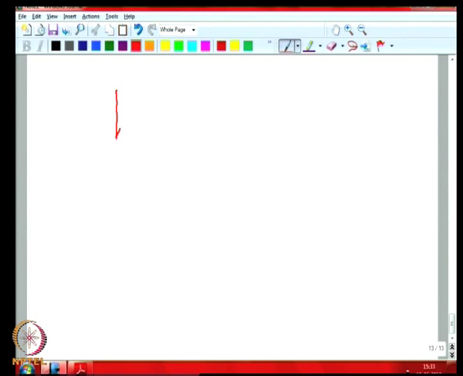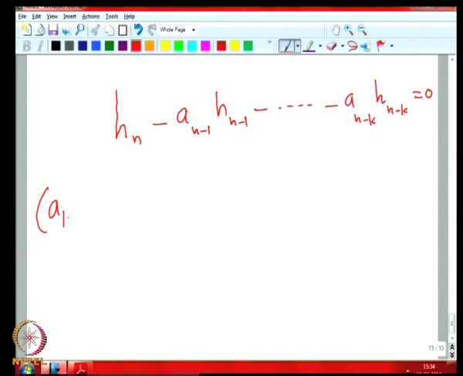We first rewrite that general recurrence relation like this. We brought all the terms from the right hand side to the left hand side. So, here the condition was ak not equal to 0, and what is written here will work only for n greater than or equal to k, right.